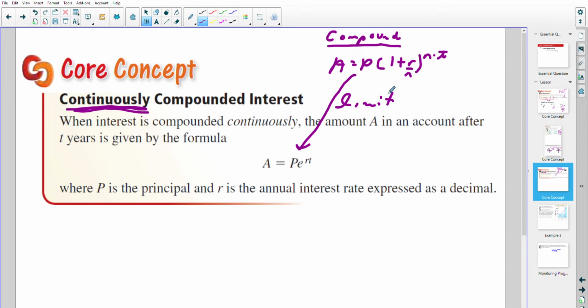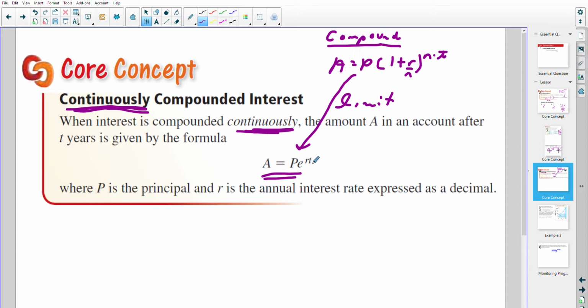So ultimately we would see that the inside here would be an e, and it would eventually equal A equals Pe to the rt. So whenever you see the keyword continuously, you will always use this equation.